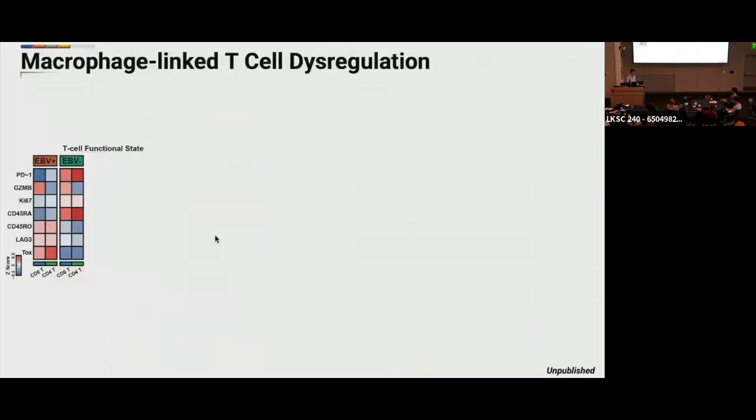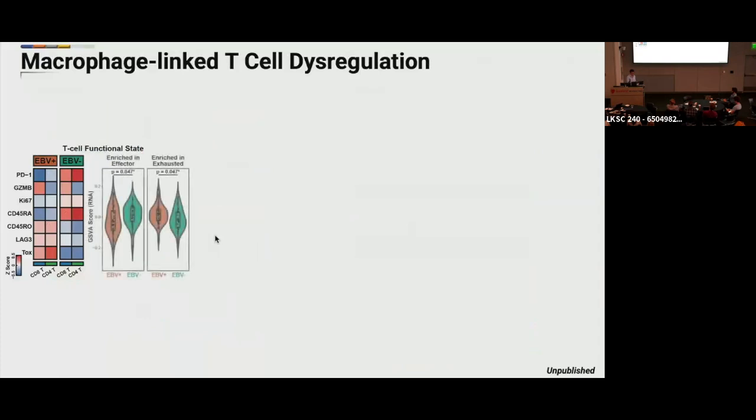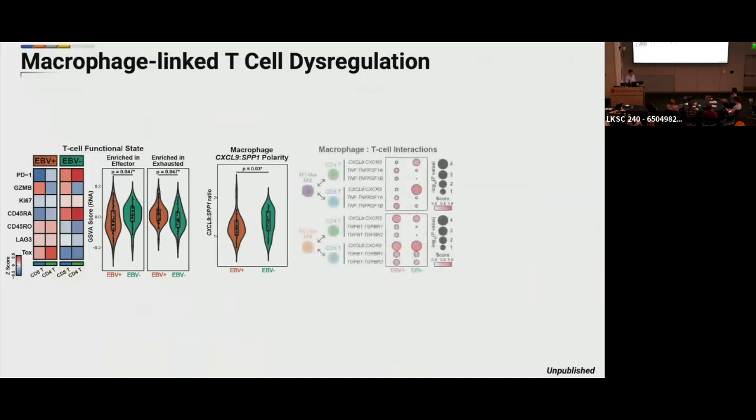What we uncovered is, of course, the T cells are dysregulated. You can really correlate that with effector and exhaustion-like signatures from the RNA side. And this gives us an opportunity to look at the CXCL9 SPP1 polarization that's been described recently, which is great. Again, receptor-ligand analysis is now possible.